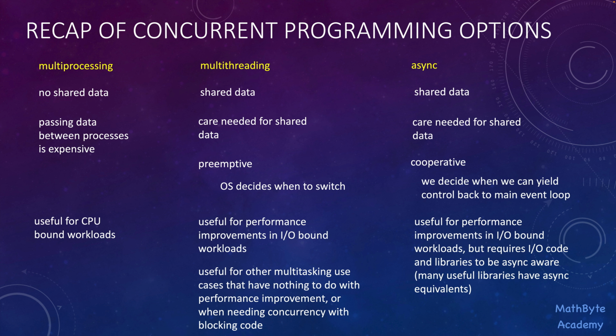And of course, threading could be useful for other use cases that have nothing to do with performance improvement. Because I think the other danger is that we talk about concurrent processing sometimes purely from a performance standpoint. And it's really not. There are certain cases where you just want code to run concurrently. You're not particularly interested in making it run faster.